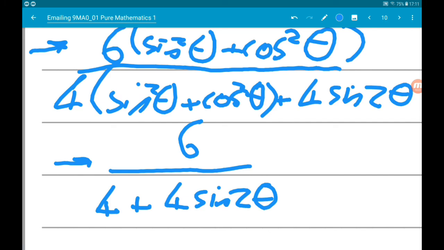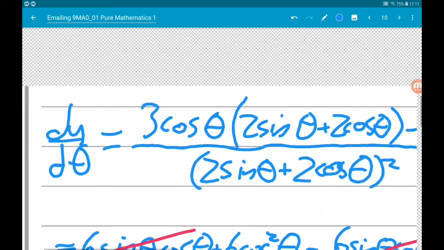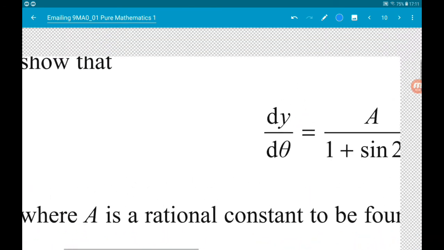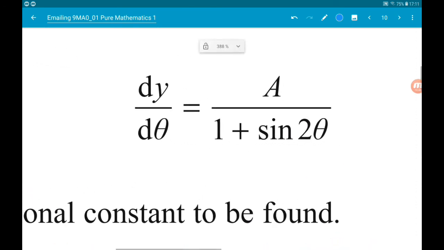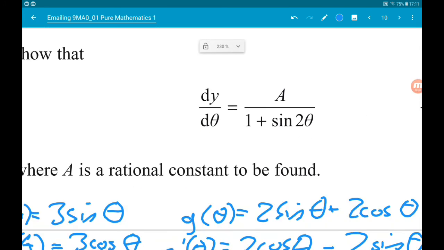Okay, now then, let's have a look at how we wanted it. So we wanted to get a over 1 add sine of 2 theta, where a is a rational constant to be found. So it didn't say integer.